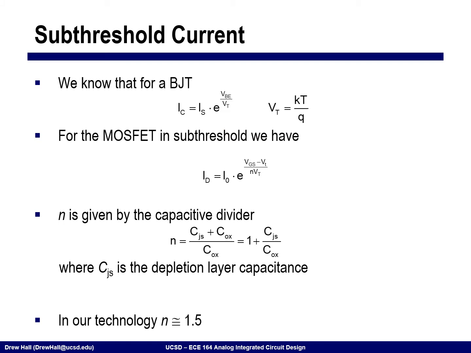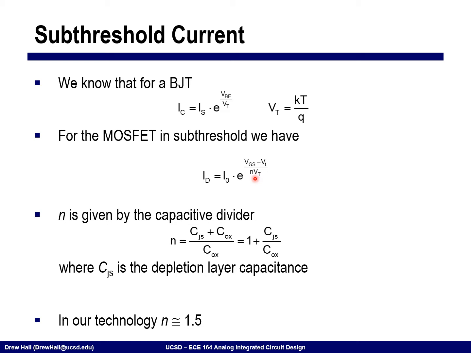Okay, so looking a little bit more closely at the subthreshold current, for a BJT, we can write that the collector current is equal to the saturation current times the exponential of VBE divided by VT, where VT is defined as KT on Q, or 25 to 26 millivolts at room temperature. For a MOSFET in subthreshold, we have a very similar equation where ID is equal to I0 times the exponential of VGS minus VT, the threshold voltage, divided by N times the thermal voltage.